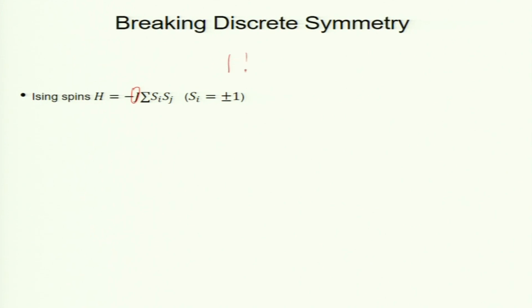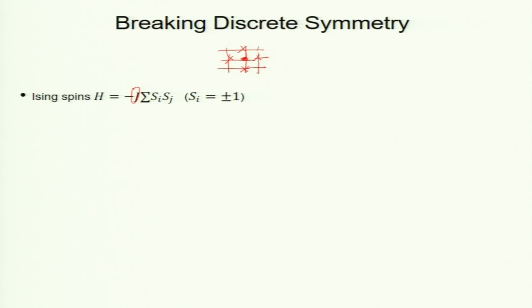So, we have spins on a lattice, and this spin interacts with neighbors. This spin interacts with 4 neighbors. We compute total energy by summing over all spins, but interaction is only with the nearest neighbors. Okay. So, that is our Hamiltonian.